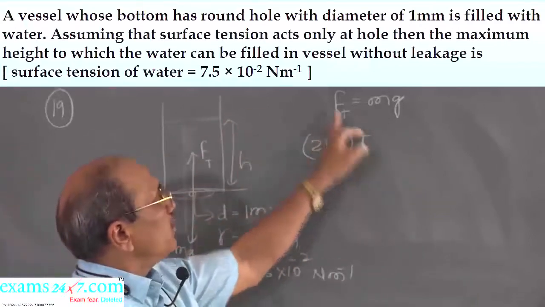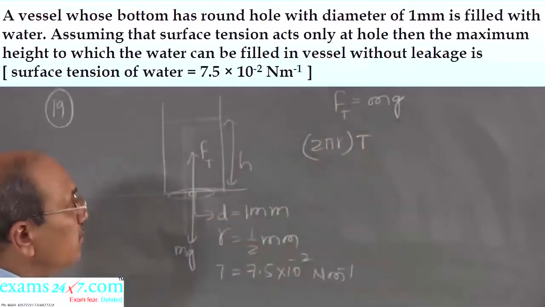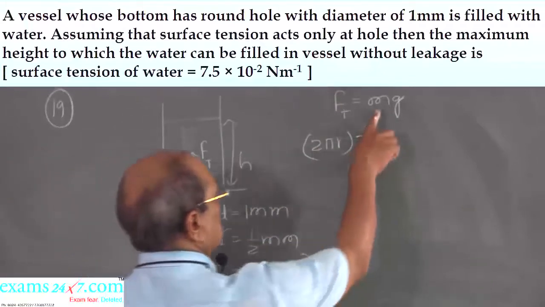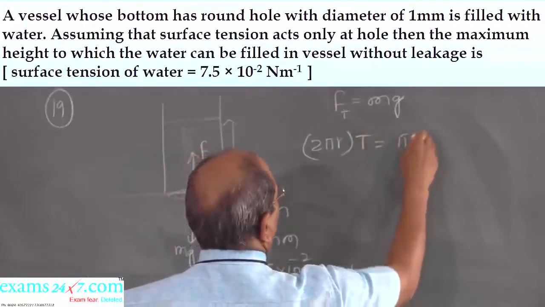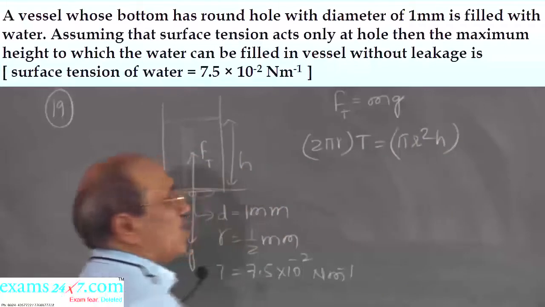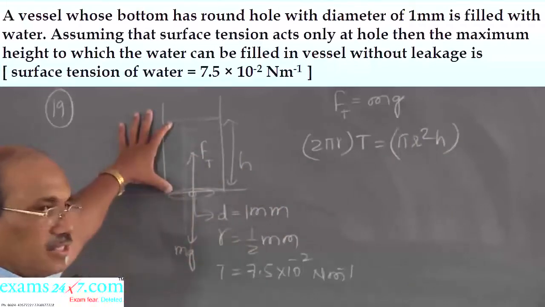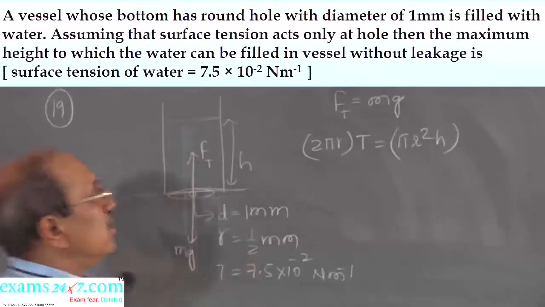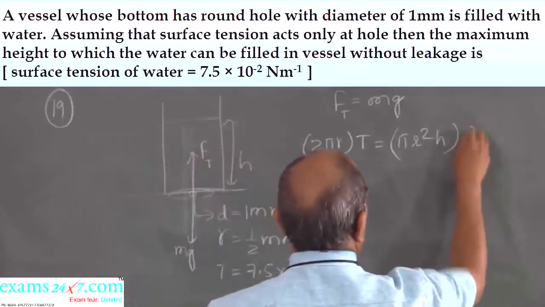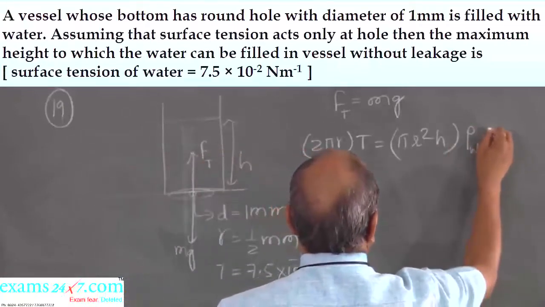Total length into T gives you the force of surface tension. Mass is pi r square into h, volume of the water raised, h, pi r square is base area, volume into density of water into g.